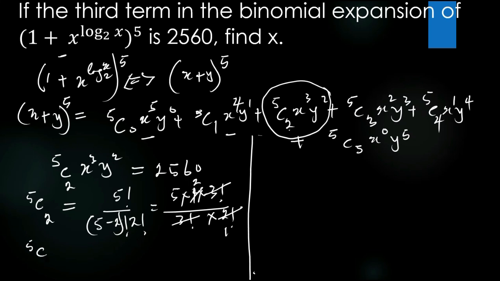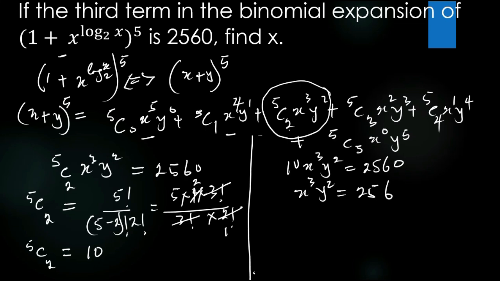So that 5 combination 2 is given as 10. That means that 10 x raised to power 3 y raised to power 2 is the same thing as 2560, which implies that x raised to power 3 y raised to power 2 will be the same thing as 256.